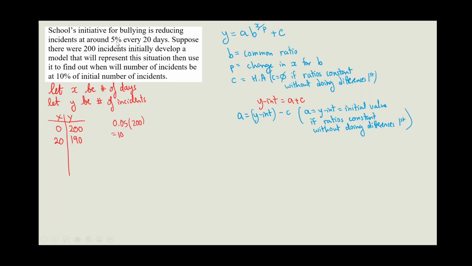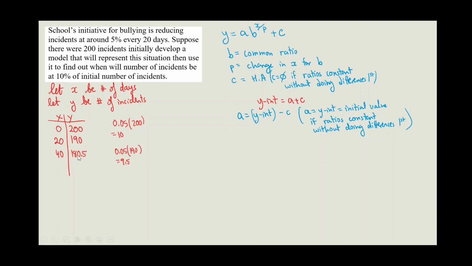And then we're reducing by 5% of this 200. So 5% written as a decimal is 0.05. Multiply that with 200, you'll have 10. This is a reduction of 10 incidents within 20 days. That would be 190.